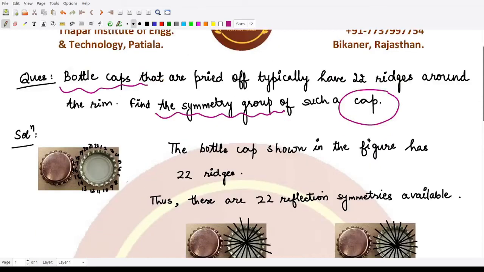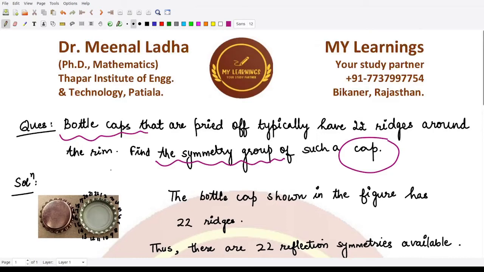Now you can very easily resemble this cap with a polygon having 22 sides. So you could have a 22-gon, whatever the name of this one is, with 22 sides. Now it is a polygon with an even number of sides, so you can very easily tell its symmetry group.